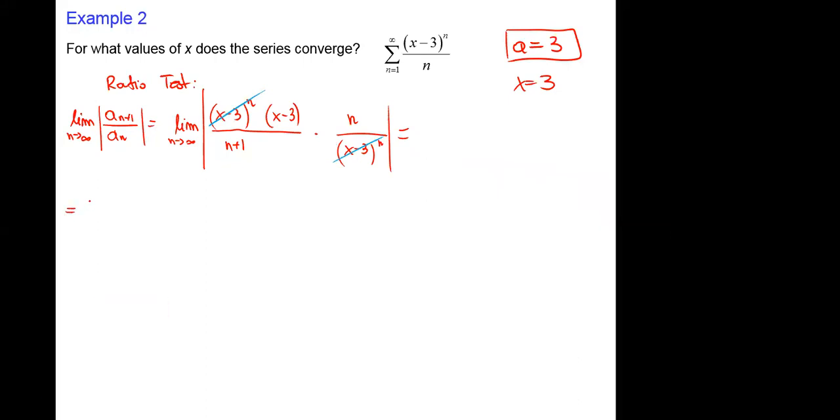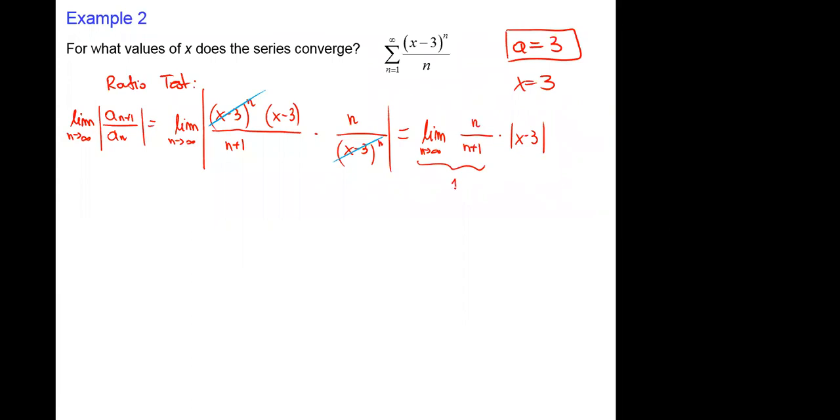And what I will do, actually, let me save some space. I will combine the n and n plus 1, and I still have x minus 3. Okay, and now, because the limit is only related to the n expression, everything else is a constant. And I don't have to keep absolute value, only for the x part. Okay, can you tell me what is this limit?